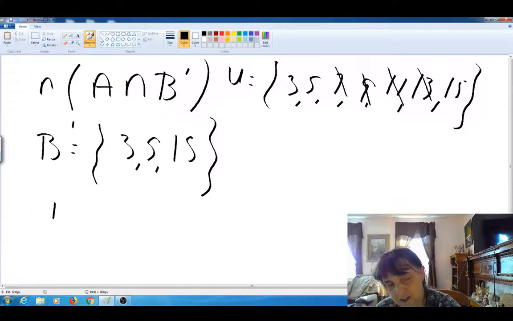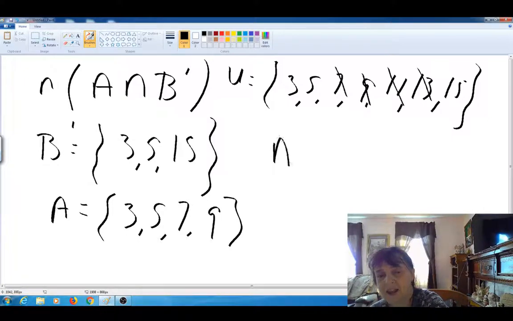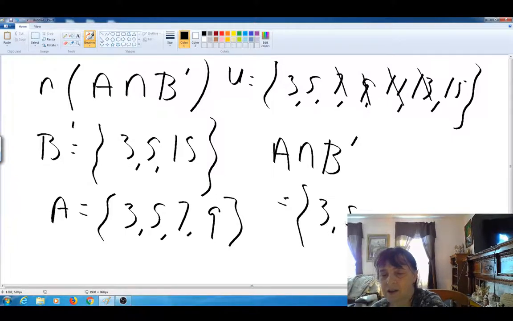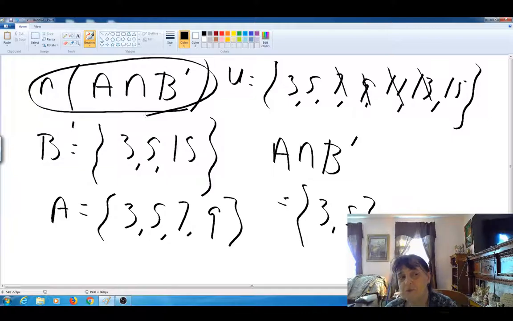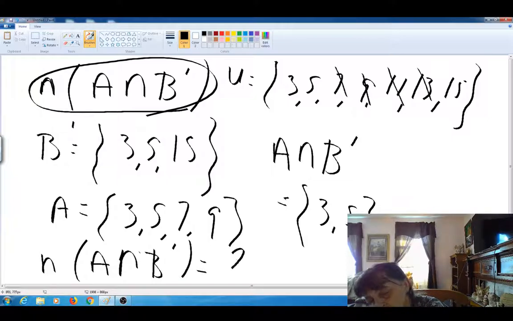And A is 3, 5, 7, 9. So A intersect B prime, the intersection of those two sets, is 3, 5. And this notation, n of A intersect B prime, they're asking how many elements that is. That's 2 elements, so the number of elements in that set is 2.